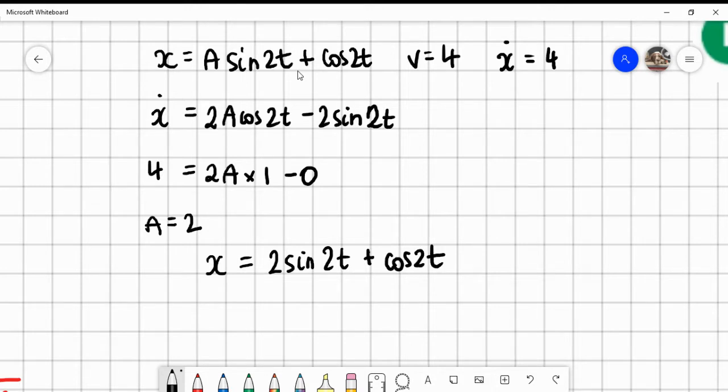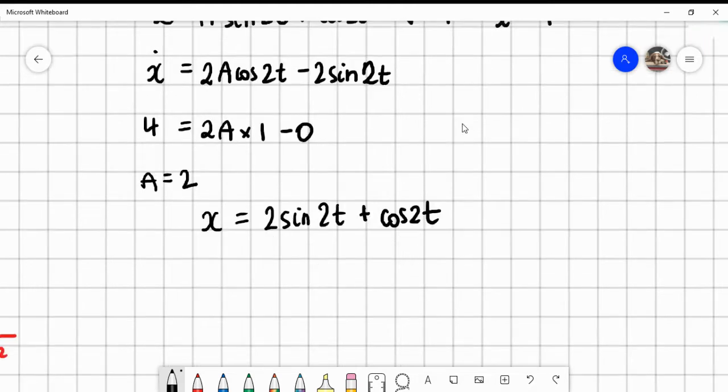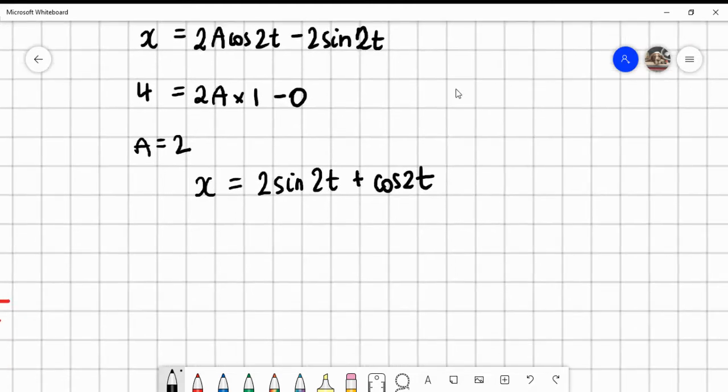Good. Okay, so now we're going to do part B, which says, let me just read it here. It says, hence determine the maximum displacement of the particle from O. To do that, you really want to find the maximum of this expression.